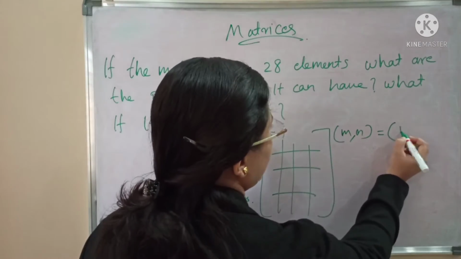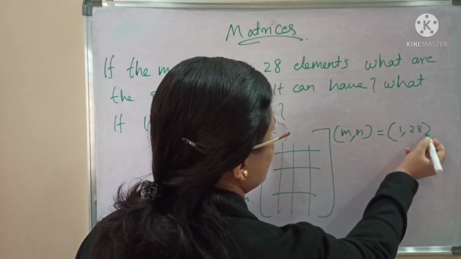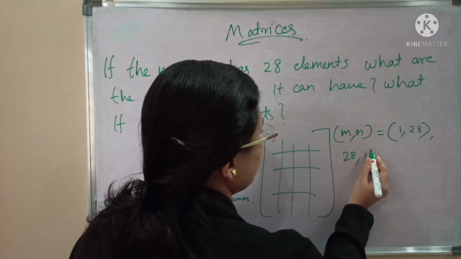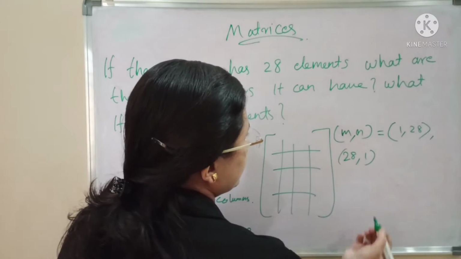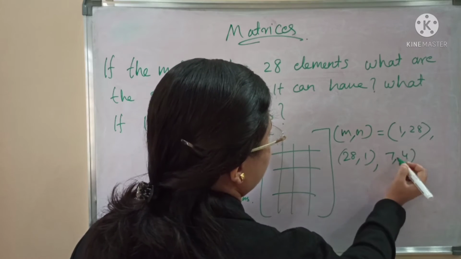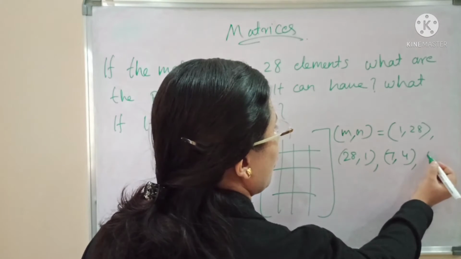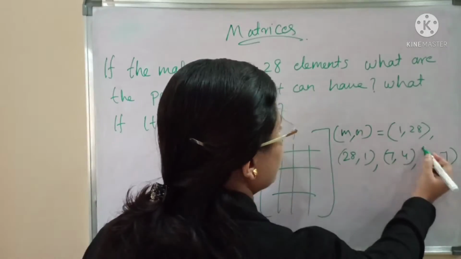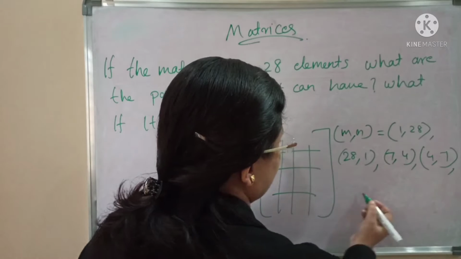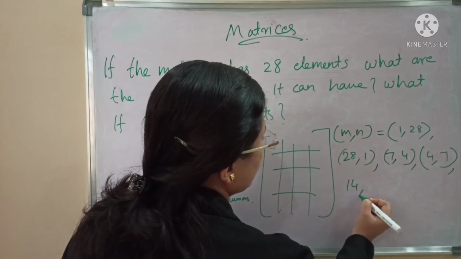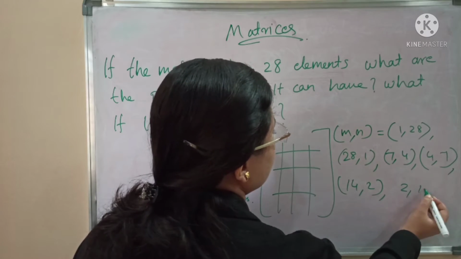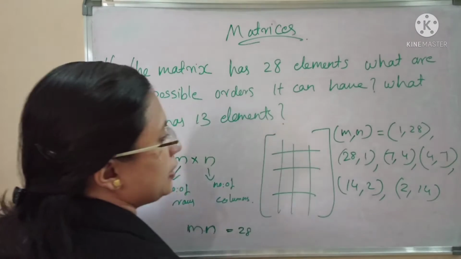We know 1 into 28 is 28, similarly 28 into 1 is also 28, and we have 7 into 4 is 28, also 4 into 7 is another order, and we have 14 times 2 is 28, also 2 times 14 is 28.